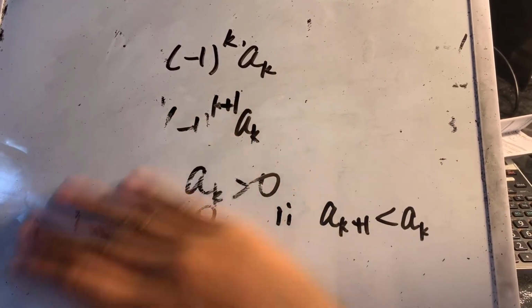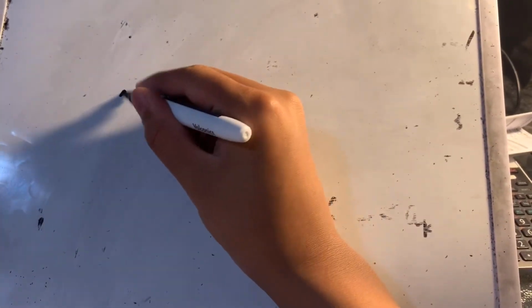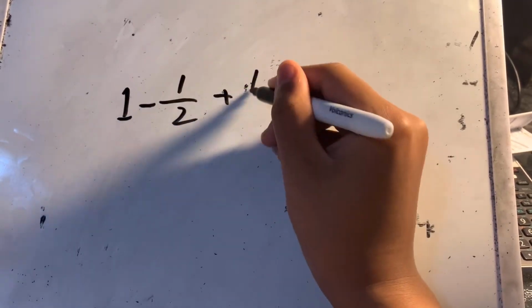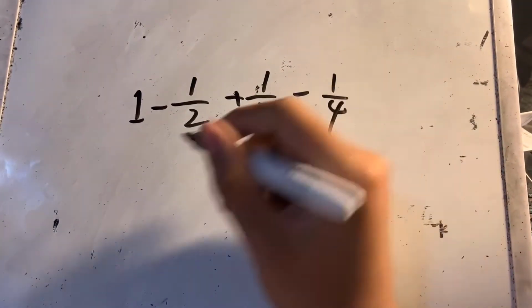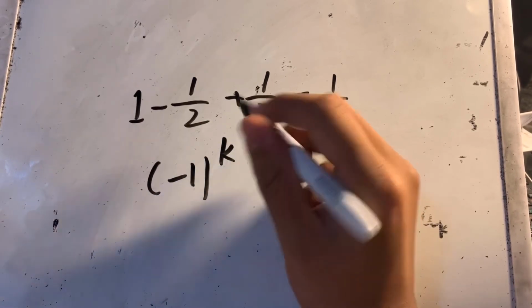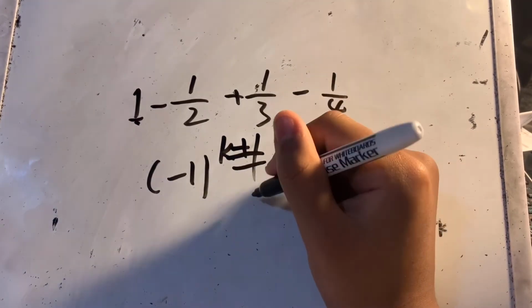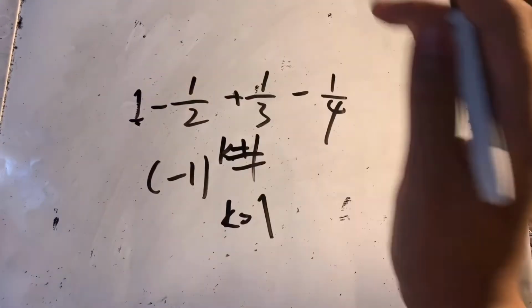Let's give an example about the harmonic series. So let's talk about the alternating harmonic series, which is like this. So we know that there's definitely going to be a k. Since we know that the first term is positive, it must be k plus 1, because if k is equal to 1, then it's going to be negative.